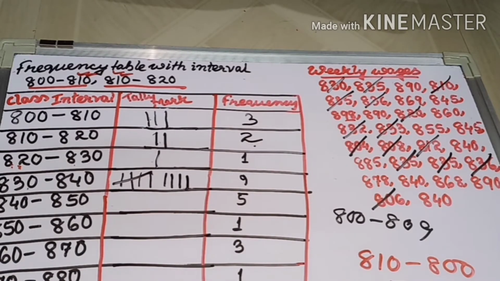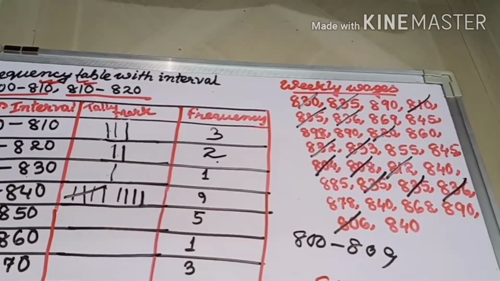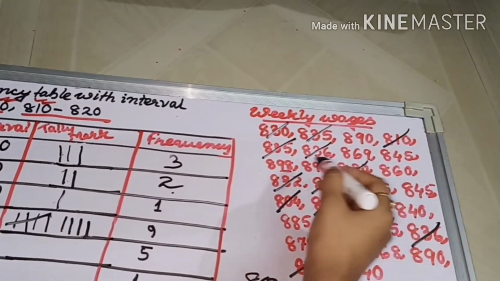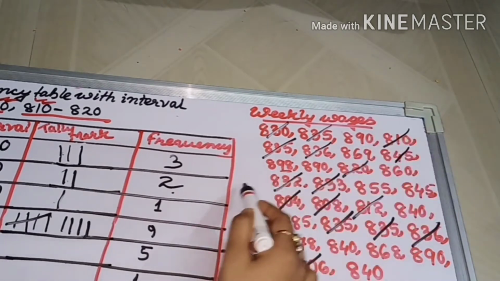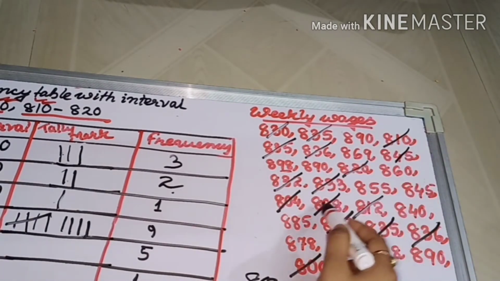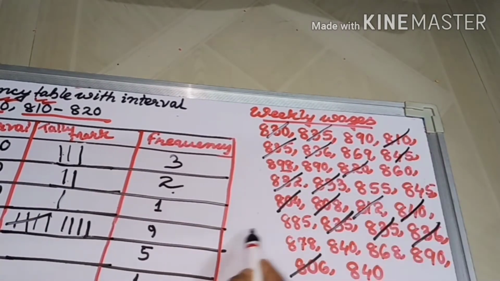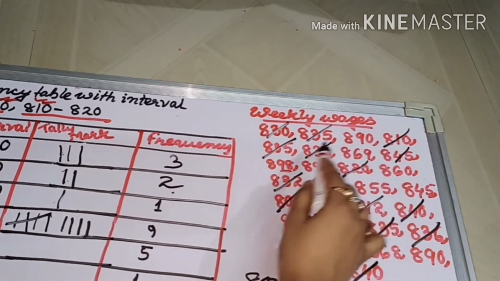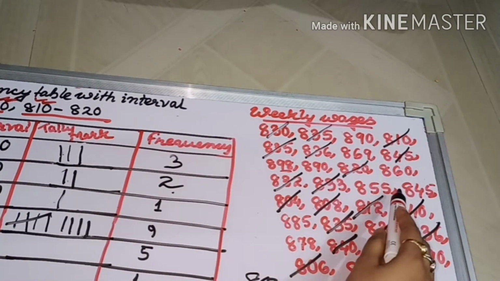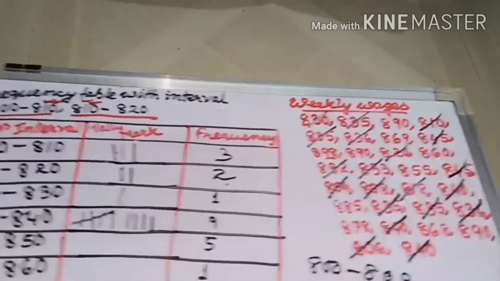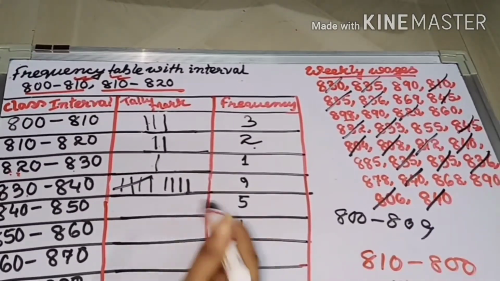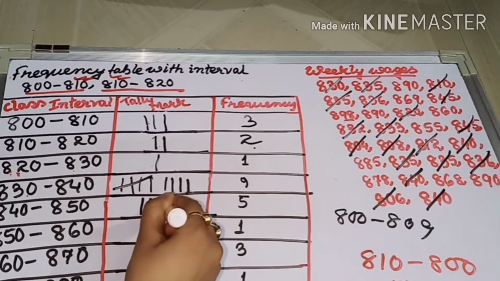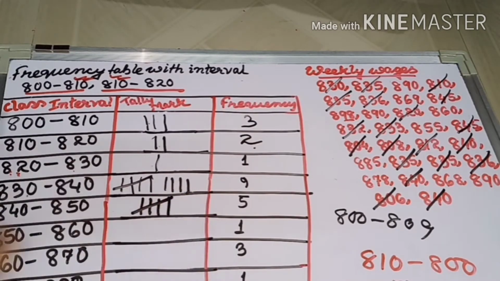Like this, 840 to 850, that means 840 to 849. So 849, right? 2, then again 843, 4, another 840, and yes, 845. So here 5. So 1 2 3 4 and 5.